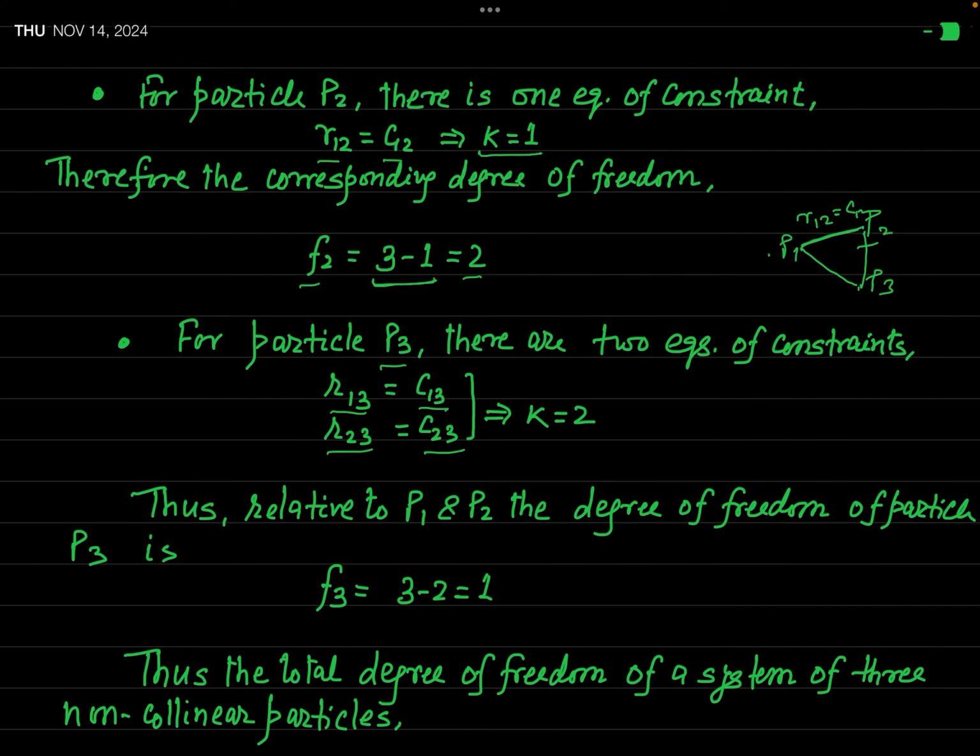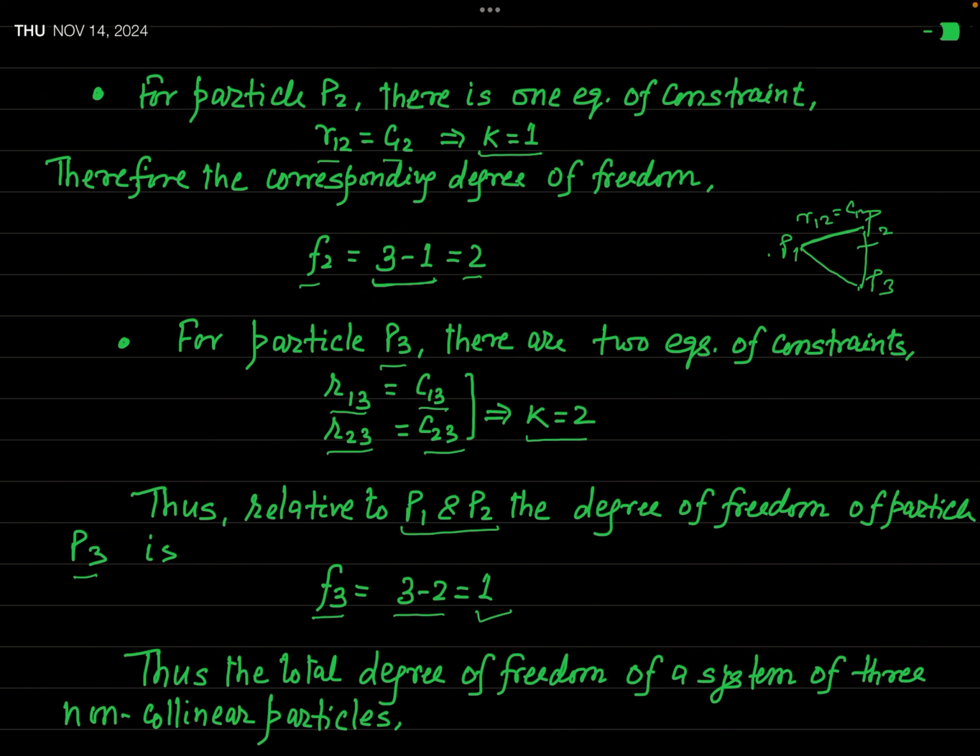So in this case the number of equations of constant k is equal to 2. What will be the degree of freedom of particle P3 relative to P1 and P2? That will be F3, and F3 will be 3 minus 2, that is 1.